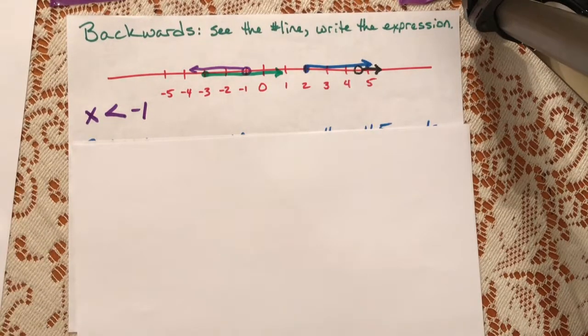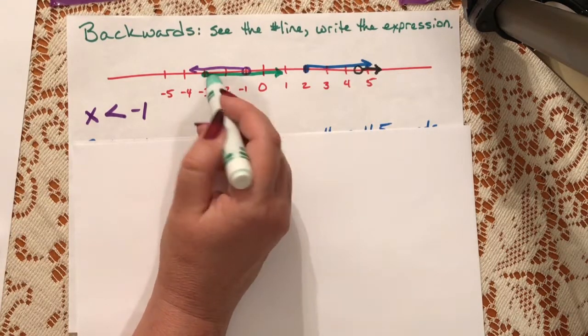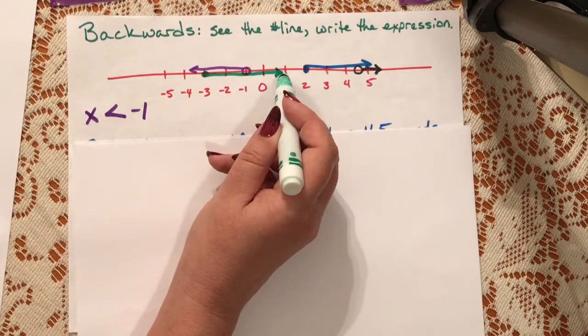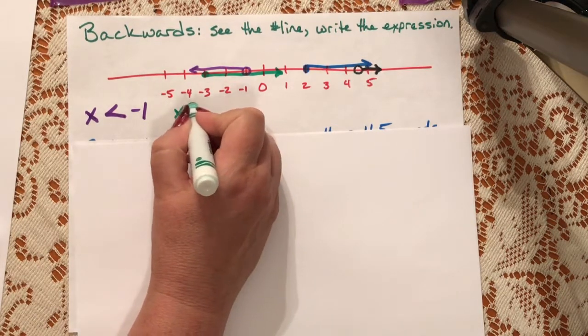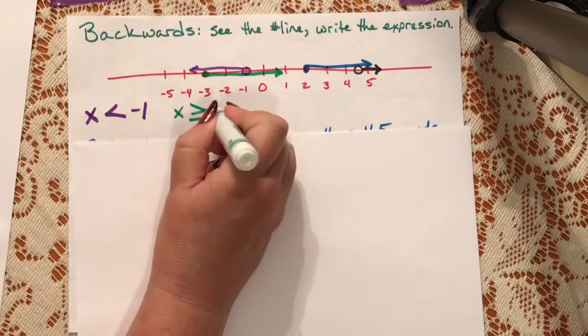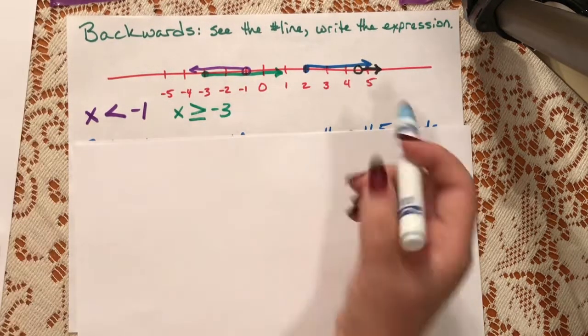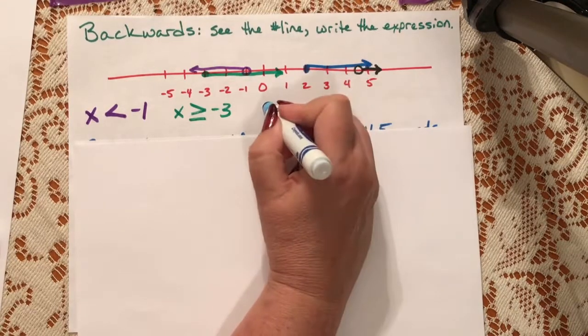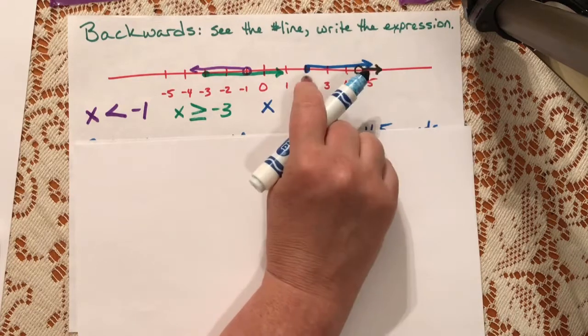The green one has a closed circle at -3, and the arrow goes above it. So here x is greater than or equal to -3. Our blue one is a closed circle at 2, and it's going higher than the 2.